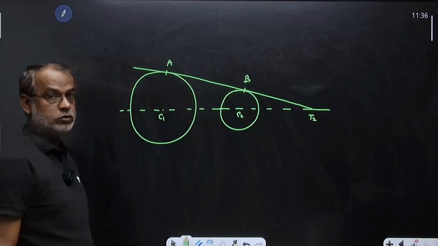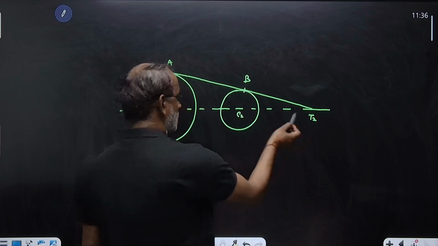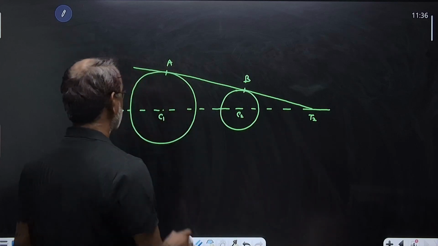So, what we are saying is that suppose AB meets the line joining the centers at T2.